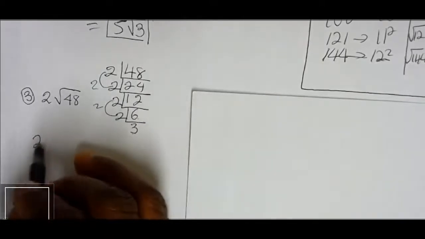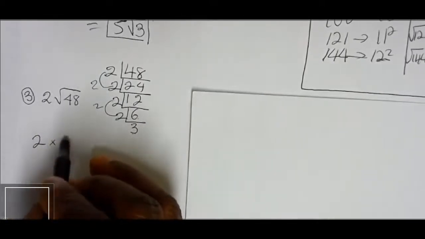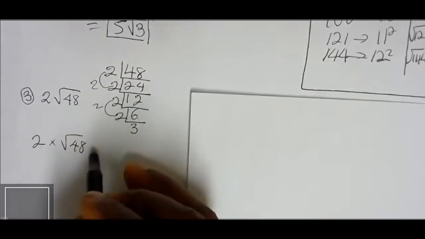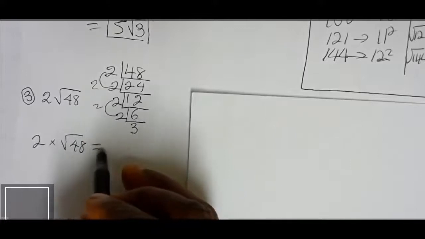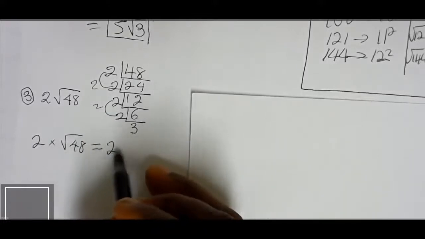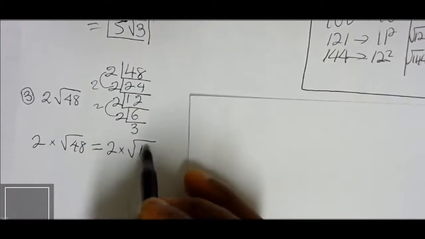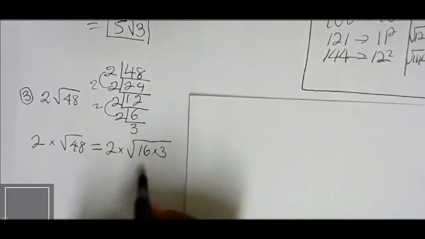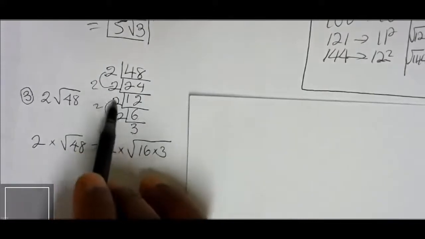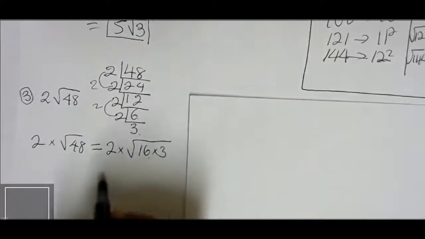So we have 2 times square root of 48. Square root of 48 is going to be the same thing as square root of 16 times 3, still all under the square root, because 2 times 2 times 2 times 2 times 3 is 16 times 3.